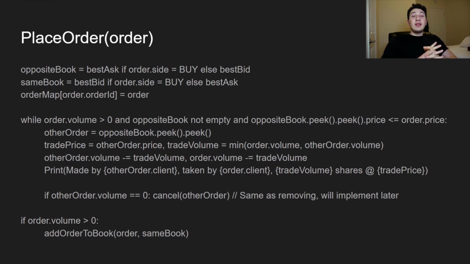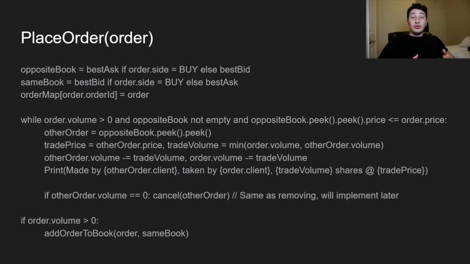Okay, now this is the crux of everything. We're going through our while loop and filling the order as long as there's volume in it. We're saying while there is order volume, while the opposite book isn't empty, and while the first order to be filled in the opposite book, aka the one with the best price for us, has volume, we're going to go ahead and figure out the other order, which is just at the top of the other heap.